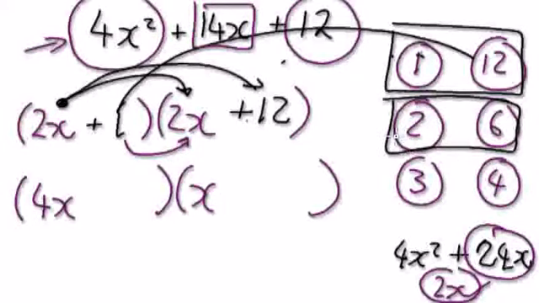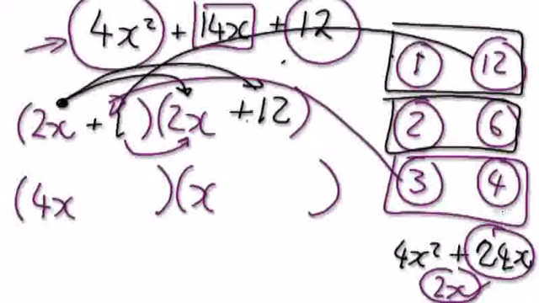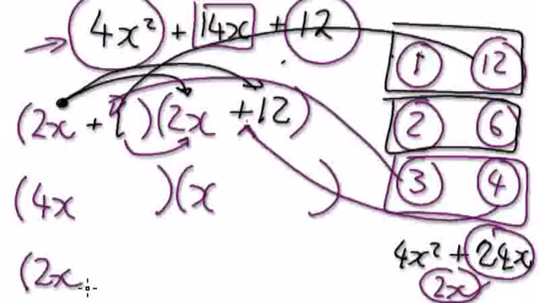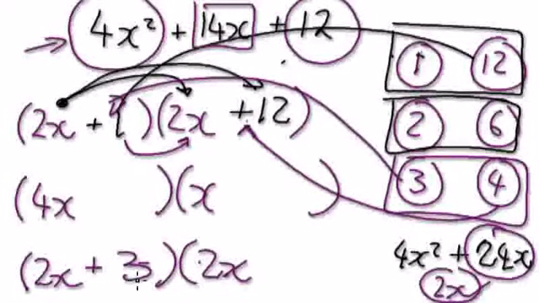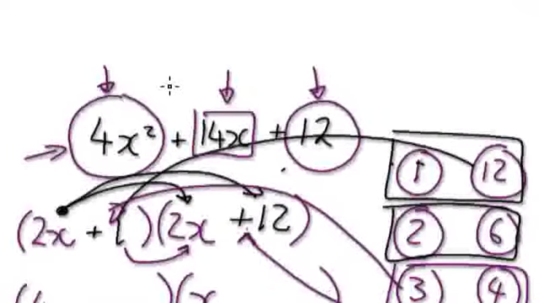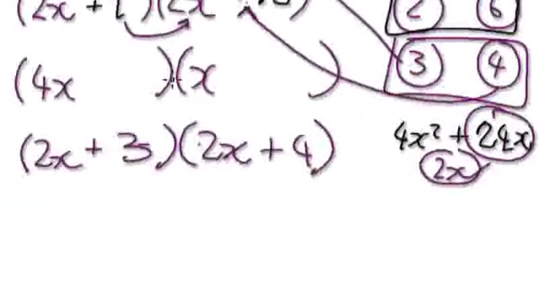Okay, let's try a 3 and a 4. Let's put the 3 into here and the 4 into here. So hang on, it was 2x here and then 2x over here. We're going to try a 3 and a 4. So plus 3 and plus 4. Let's see if this will give us 14x. I'm not going to bother with the x squared term, I'm just going to concentrate on the x.